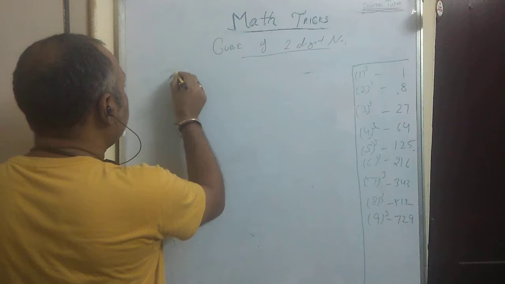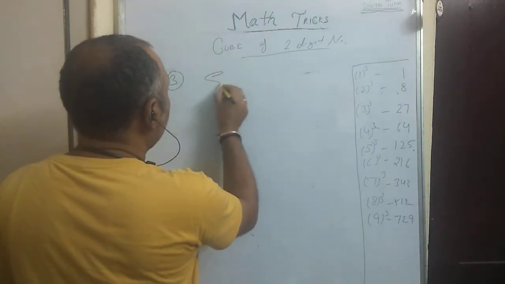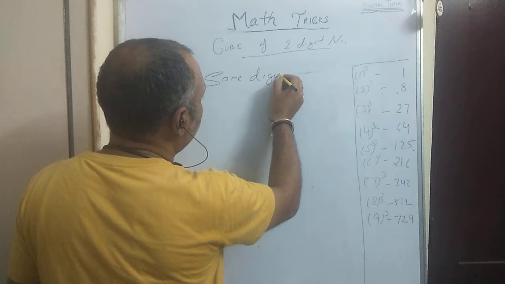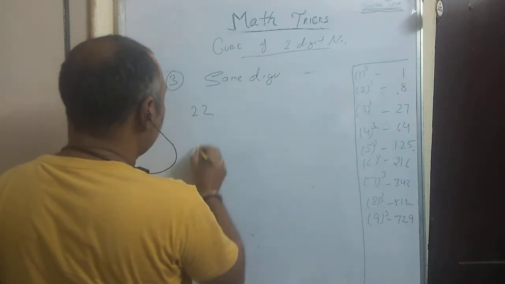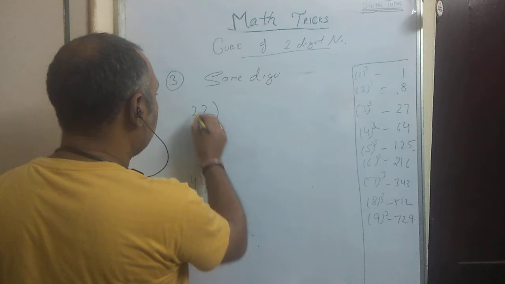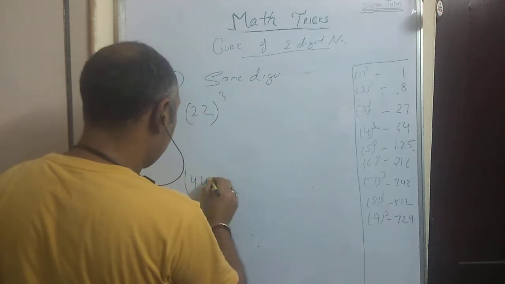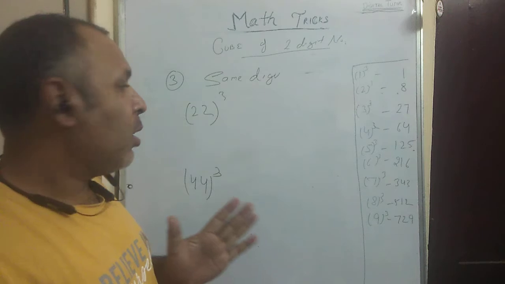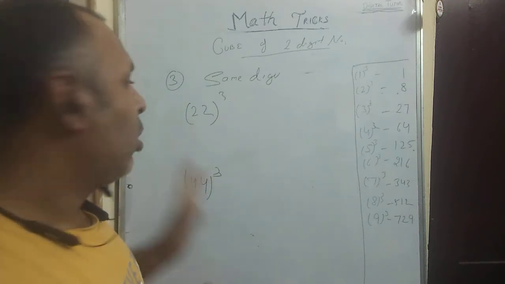Now method 3. Same digits, that is 22, 44. Okay friends, here it is very simple.